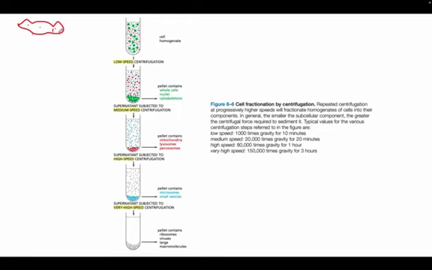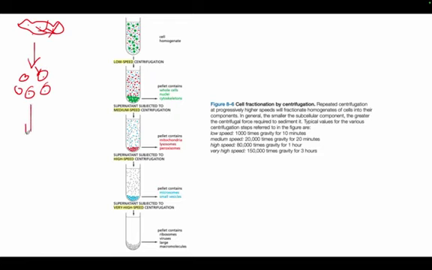So instead, what we can do is first take the tissue, and then we have to break up the tissue. We need to release the individual cells, and that can be done through things like enzymatic treatment, homogenization, and so on. After we've released the individual cells, we need to break the cell, because we want subcellular components, so we have to lyse the cell.